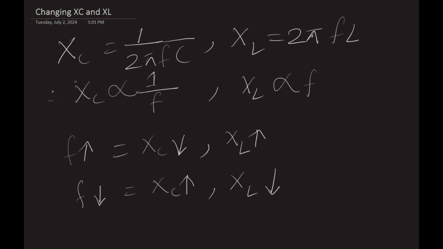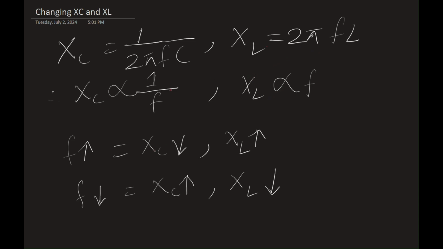Now, the formula of XC is 1 over 2 pi FC, and that means it is inversely proportional to frequency. So capacitive reactance, or XC, is inversely proportional to frequency. And inductive reactance, or XL, is equal to 2 pi FL, and it is directly proportional to frequency.